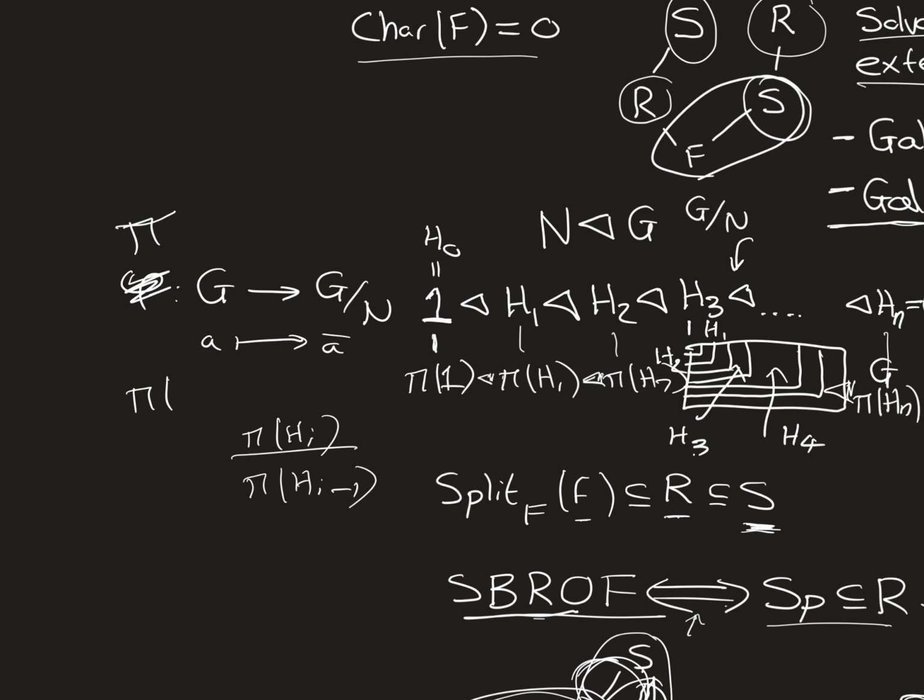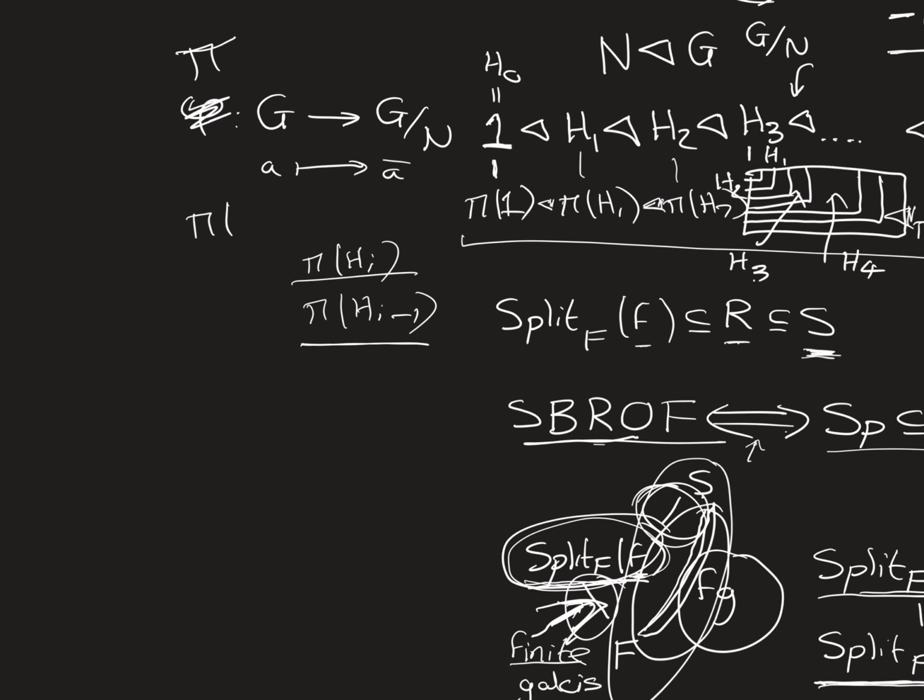Because this is how you're going to construct this exact chain that I've produced here. This is going to be the ascending chain of normal subgroups where the quotients are abelian, to prove that G quotiented out by N is a solvable group. So you'd also have to argue why these are all going to be abelian. Certainly proving that they're all still normal inside one another is not difficult.